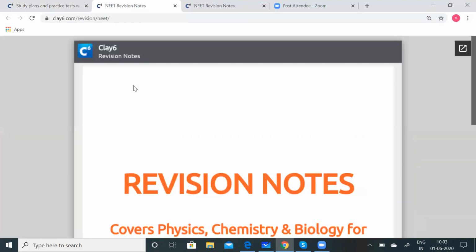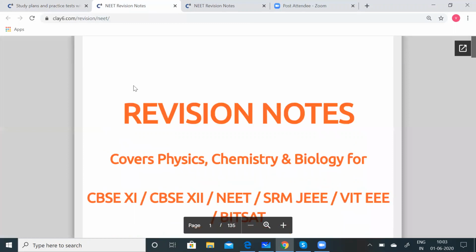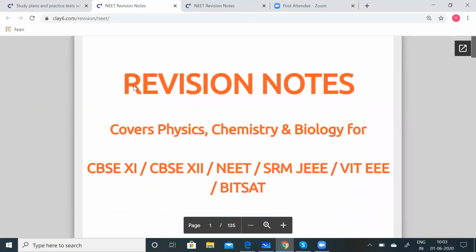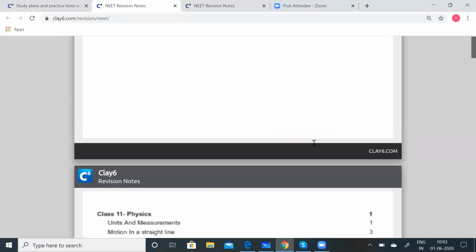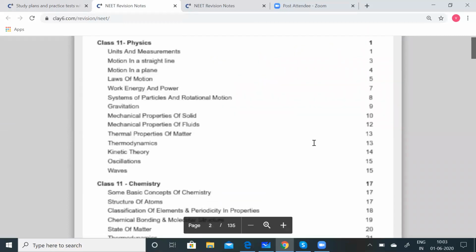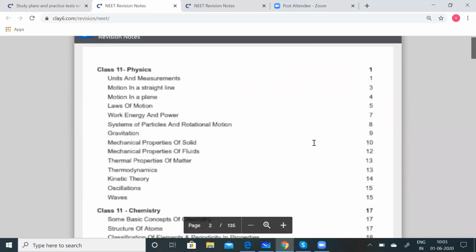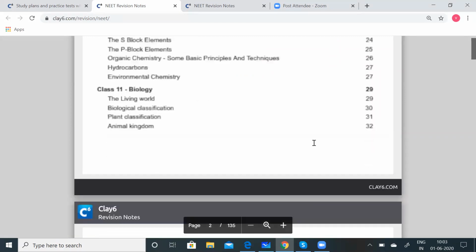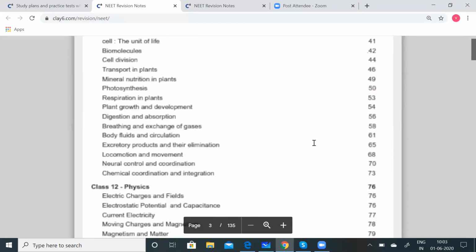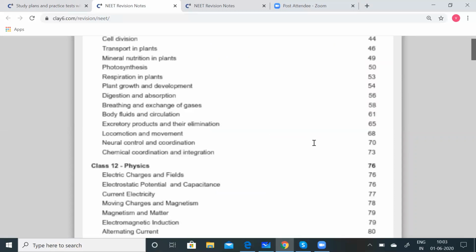Revision notes is basically the concepts and important formulae for all the three subjects, physics, chemistry, and biology, tailor-made for NEET exams. It is more of an essence of all the three subjects, chapter-wise, for both grade 11 and grade 12.